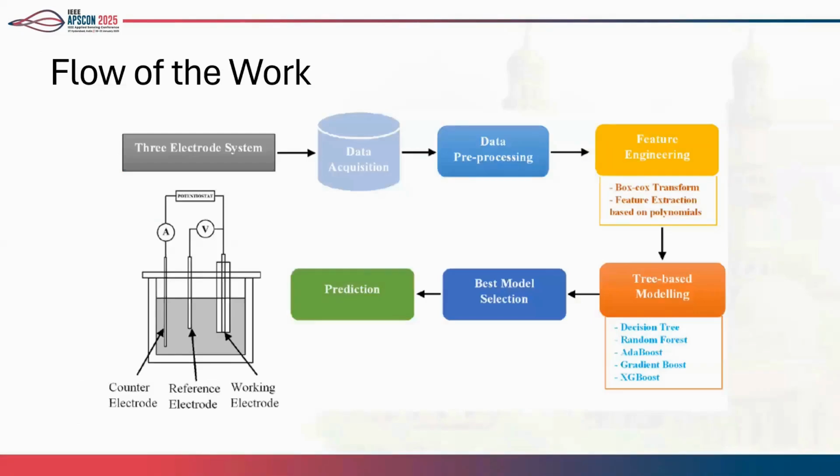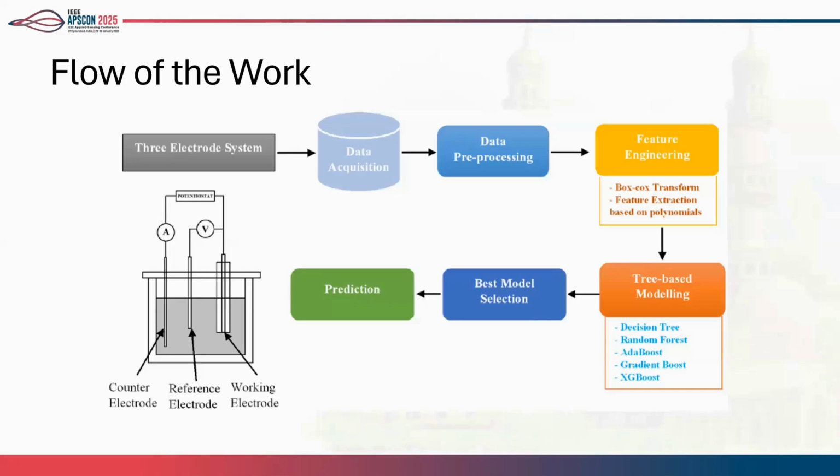Now coming to the flow of work. First there is the 3 electrode system. One is the reference electrode, along with one platinum counter electrode, and the working electrode, which is the MIP electrode we have considered in this scenario. It will give the current value, a feature set of 80 cross 80.